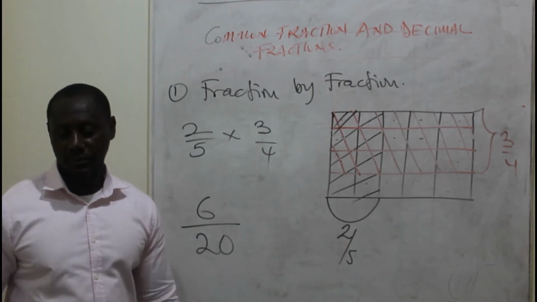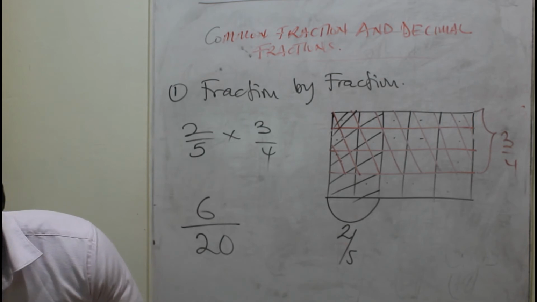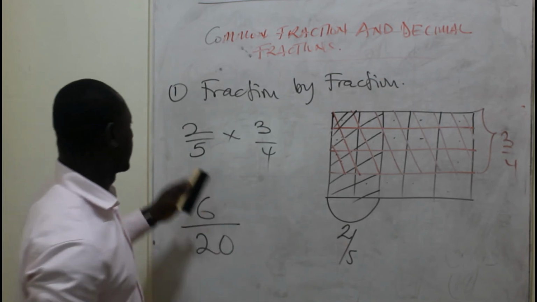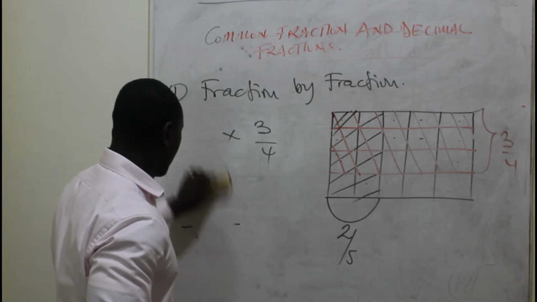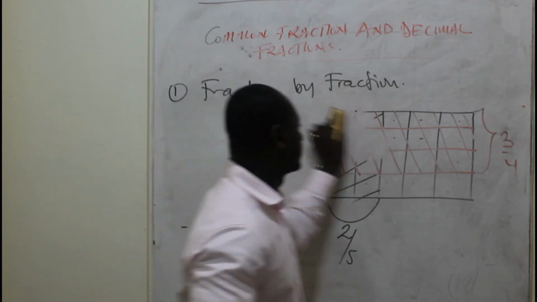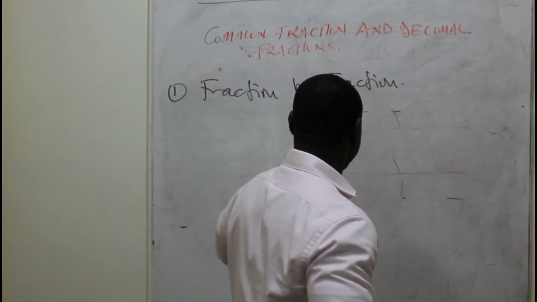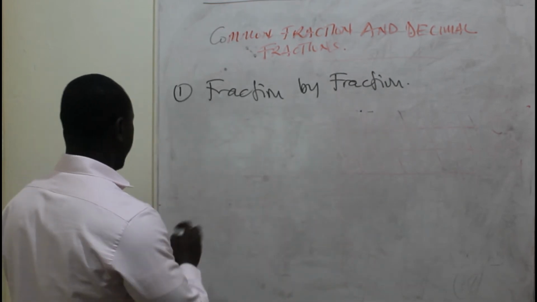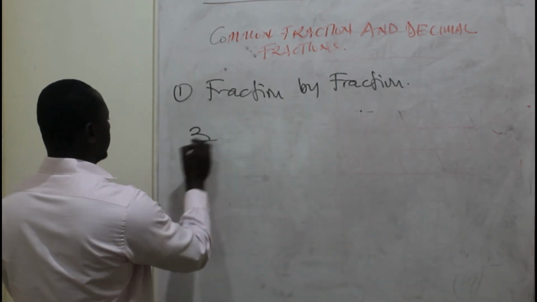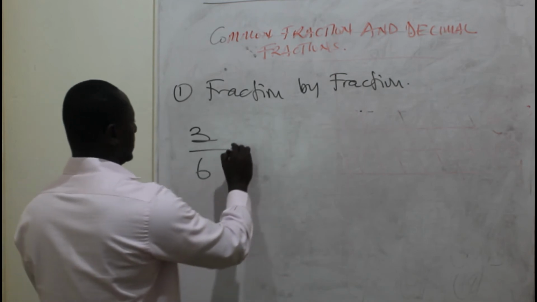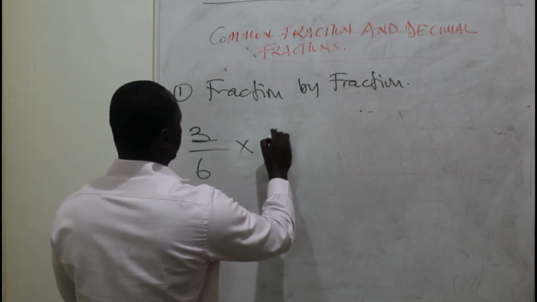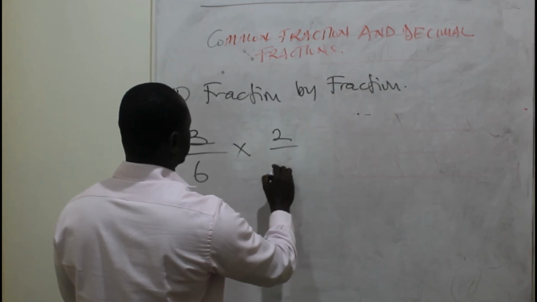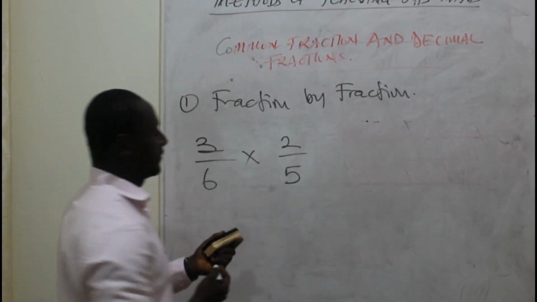Also interesting. Now let's look at the next question. I want to try one last example on this again. Let's assume I have 3 out of 6 multiplying 2 out of, let's say, 5.